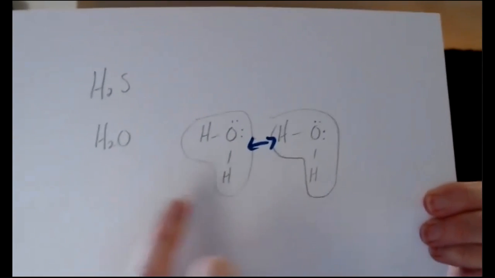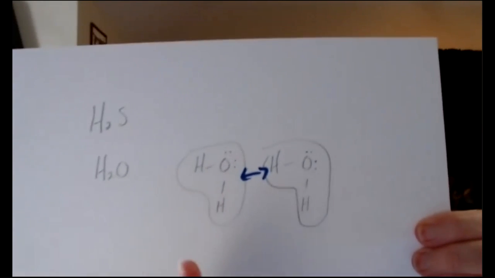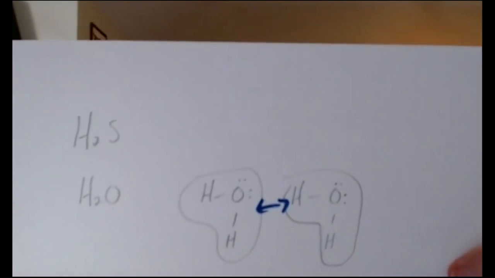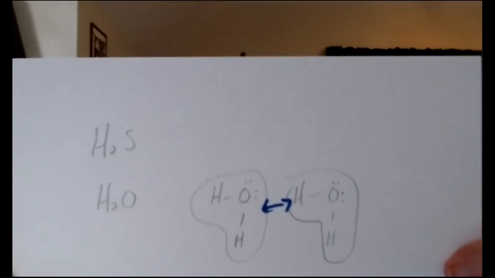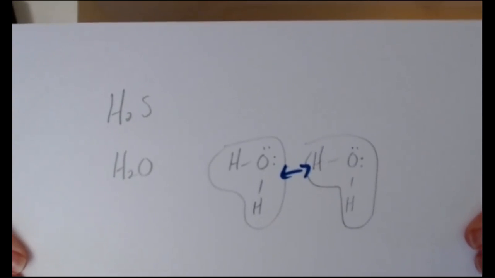But when you draw water to its neighbor, and I'm going to use blue, that's the hydrogen bond. Anything that has the ability to hydrogen bond will have a very high boiling point.